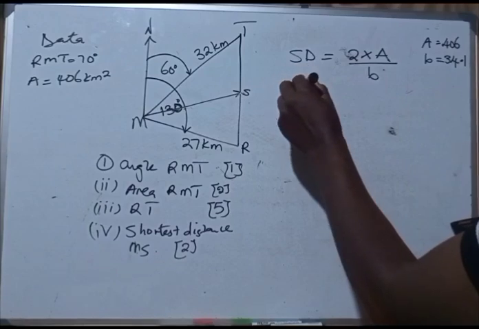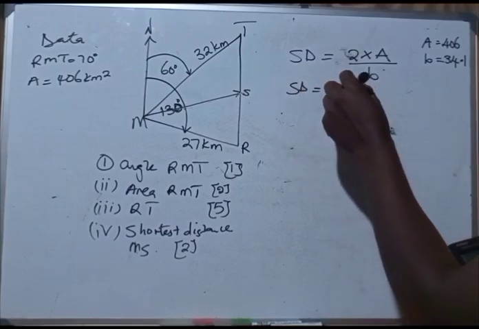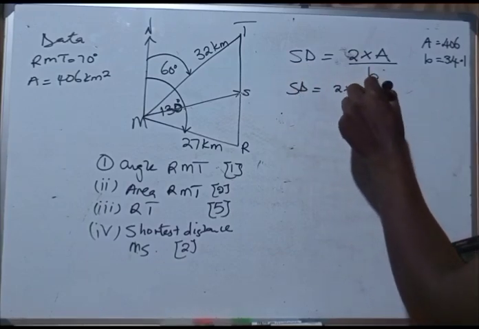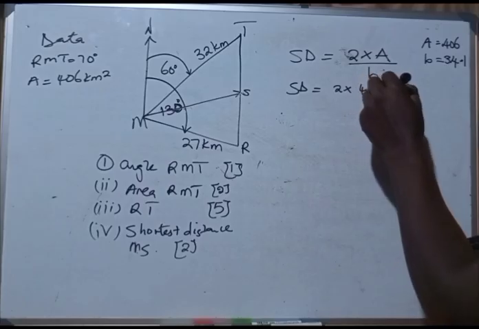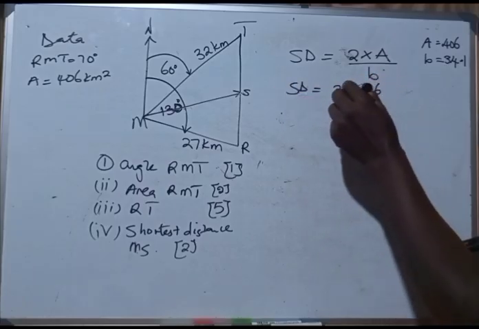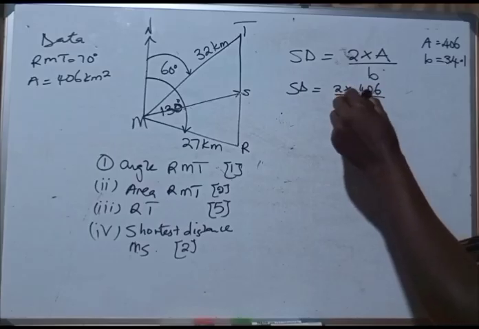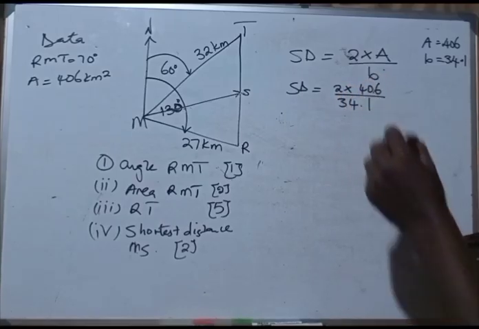So therefore we insert: shortest distance is equal to 2 multiplied by 406, the one we got, then divided by 34.1.